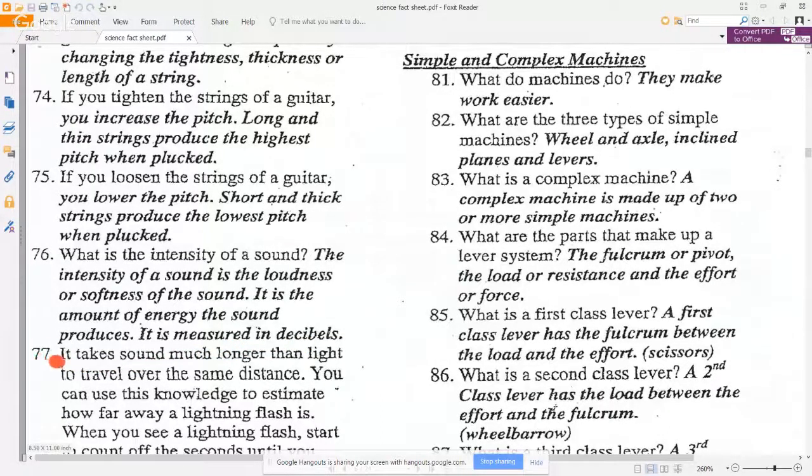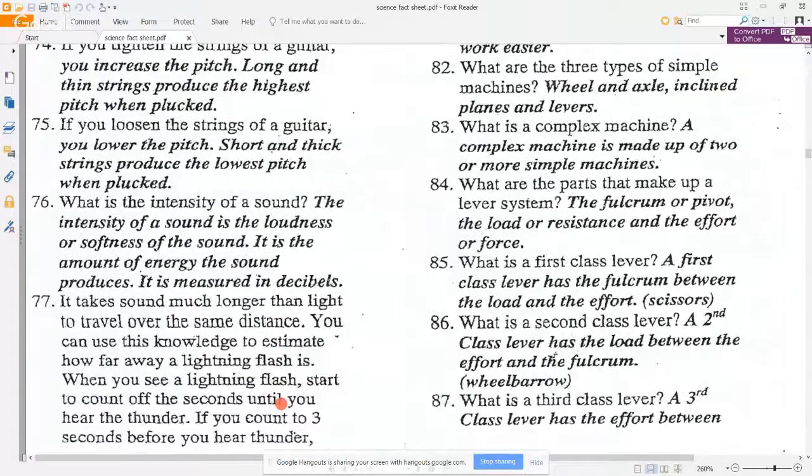77. It takes sound much longer than light to travel over the same distance. You can use this knowledge to estimate how far away a lightning flash is. When you see a lightning flash, start to count off the seconds until you hear thunder.